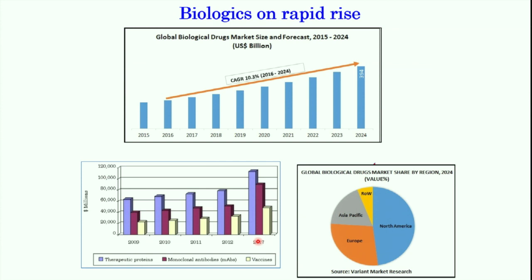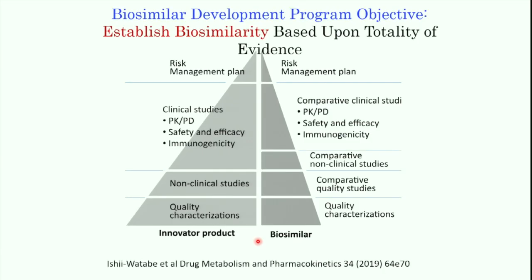Therefore, many pharmaceutical industries are shifting towards manufacturing biologic drugs. They are advancing the field in preparing biosimilars of robust and very high quality. So when we prepare a biosimilar, the biosimilar development program objective is based on totality of evidence, meaning it has to match exactly the innovator product.